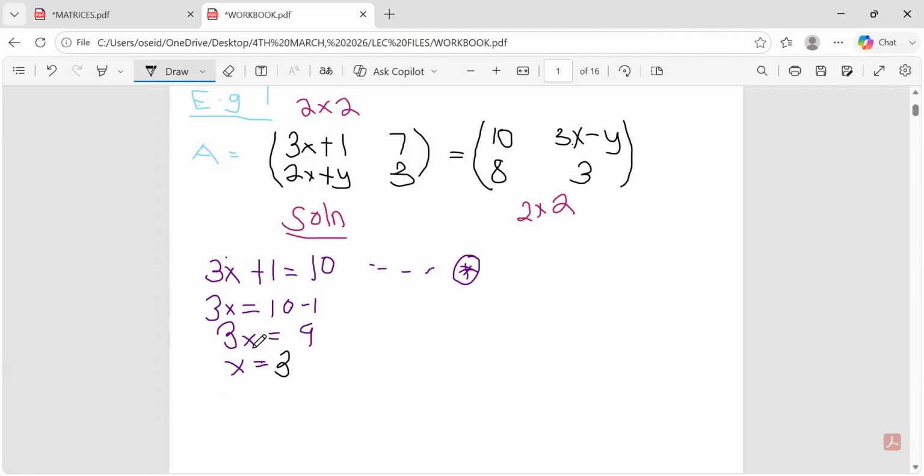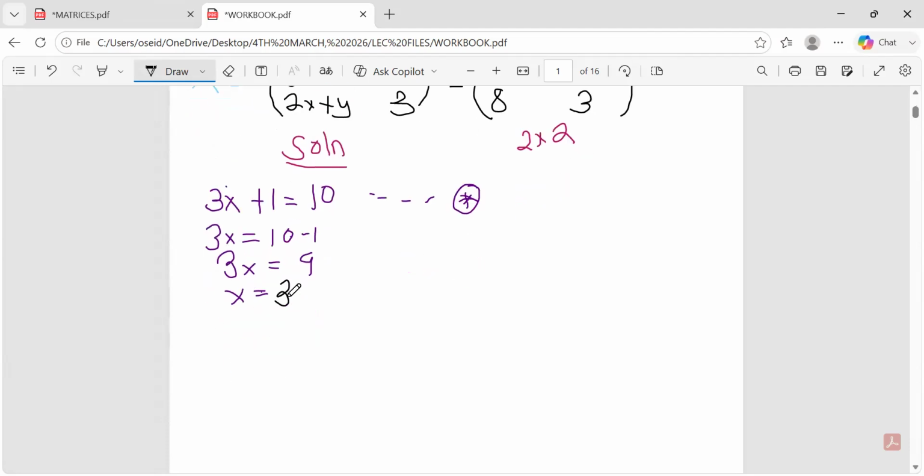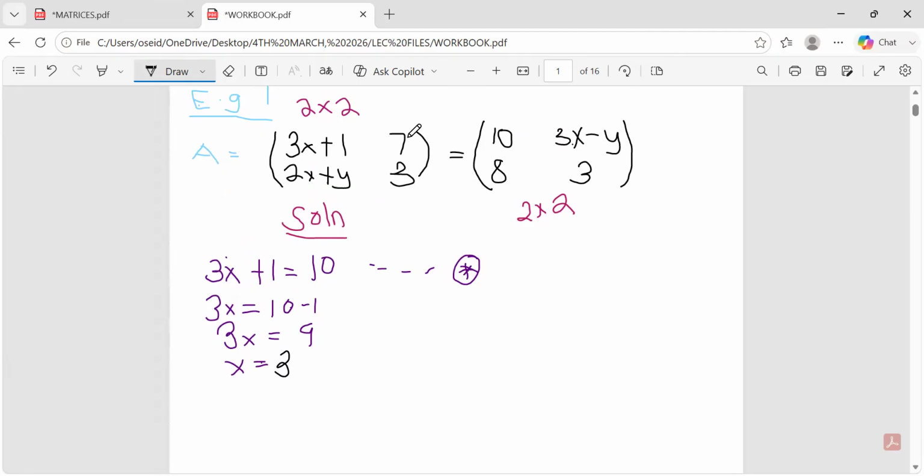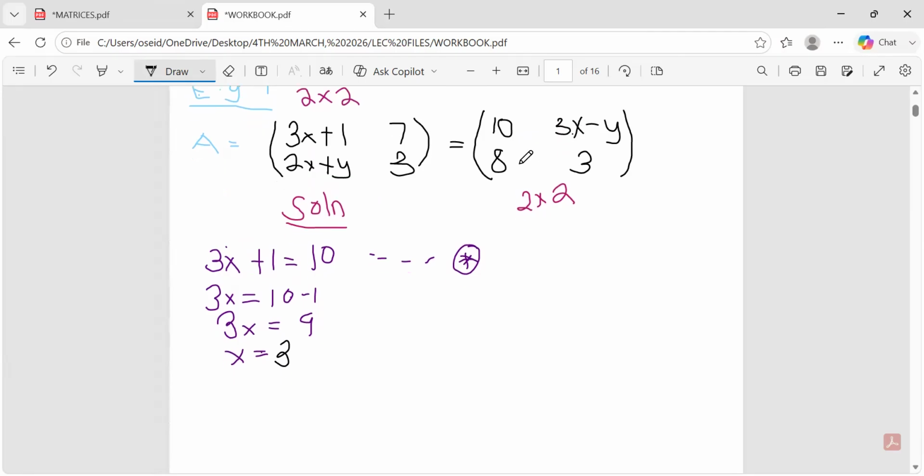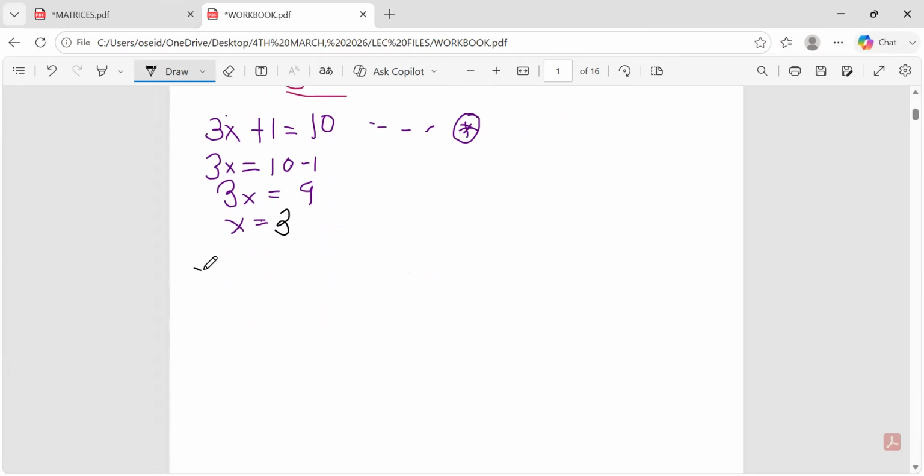Now the next one is 7. 7 corresponds to 3x minus y. So 7 equals 3x minus y.